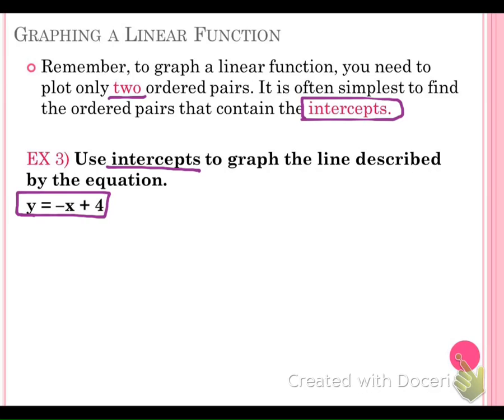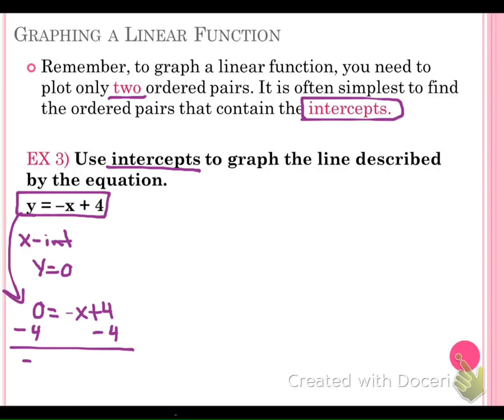Alright, so I'm going to find the x-intercept first. And in order to find the x-intercept, I have to make the y equal 0. So that means that y is going to be 0 equals -x plus 4. In order to solve this, I have to move the 4 to the other side by subtracting 4 from both sides, I get negative 4 equals negative x.